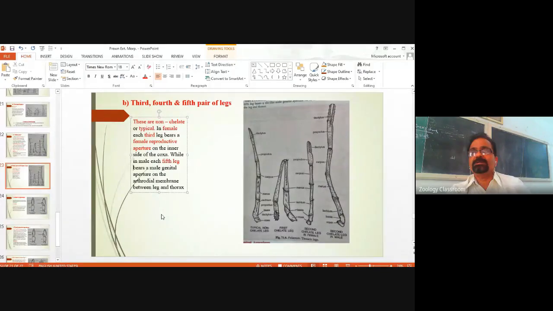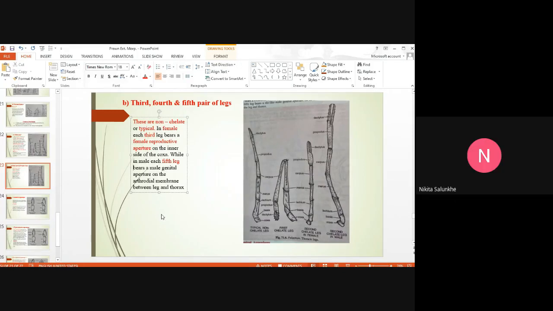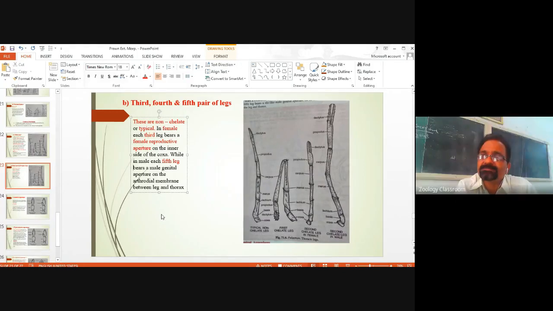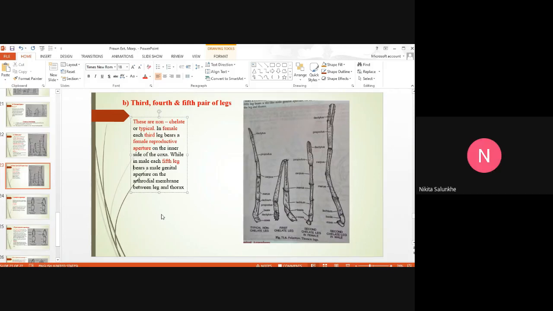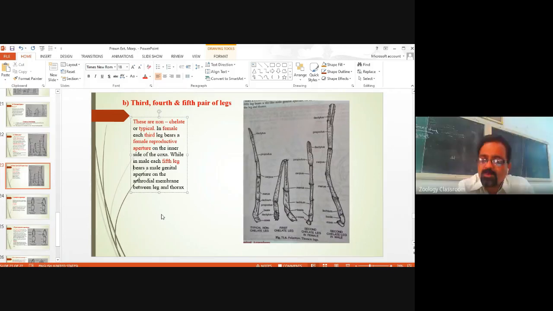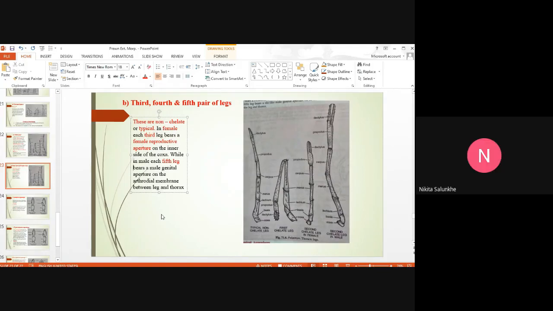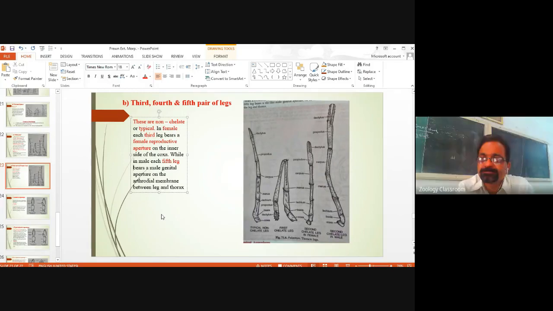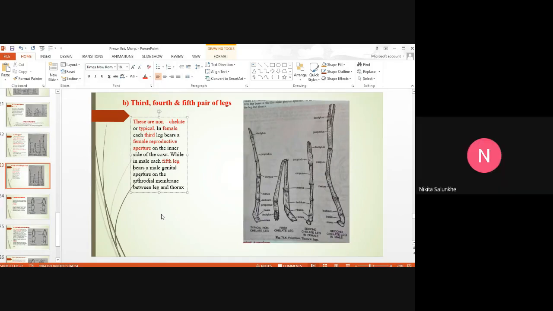So totally, how many apertures does a prawn exhibit? Right from the mouth, start from the mouth. Mouth, opening of statocyst, third is renal aperture, fourth is female genital aperture, and fifth is male genital aperture.